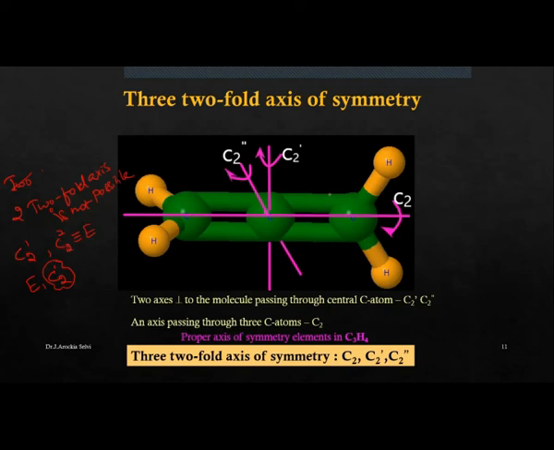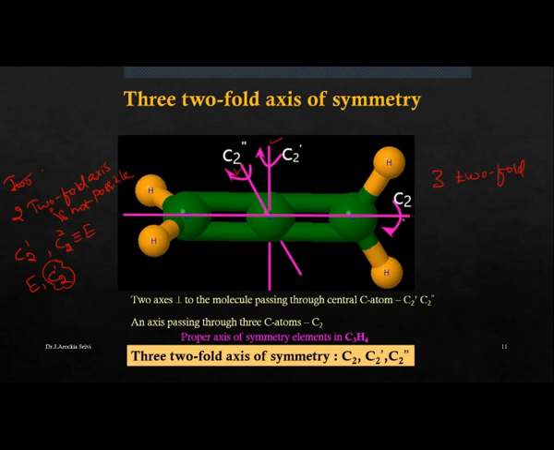But here in this molecule, 3 two-fold axes of symmetry are possible. How? These 3 two-fold axes of symmetry pass in different ways, since it is a non-planar allene molecule. So one will be through the z axis, another through the x axis, another through the y axis. If they are passed, then we get the indistinguishable configuration.